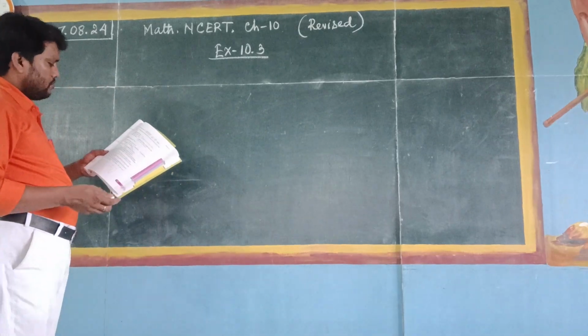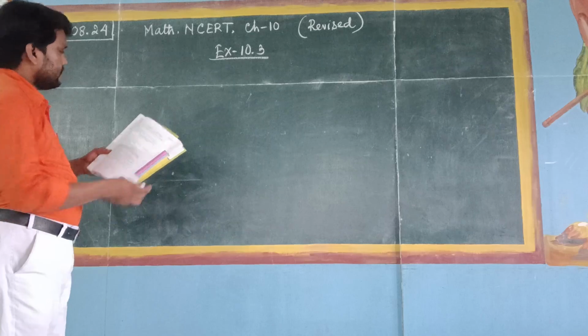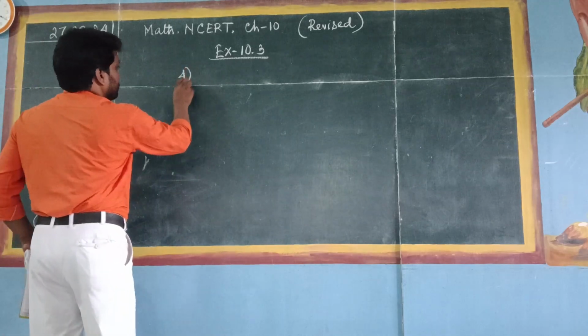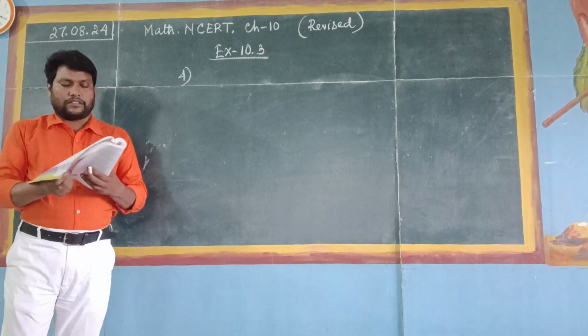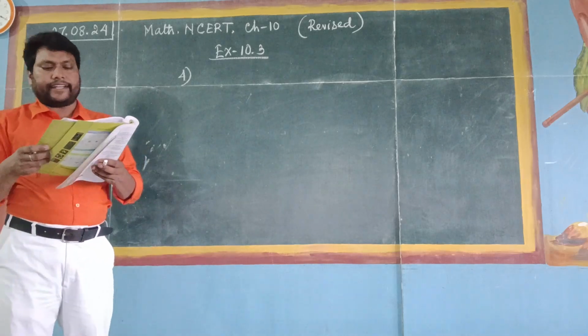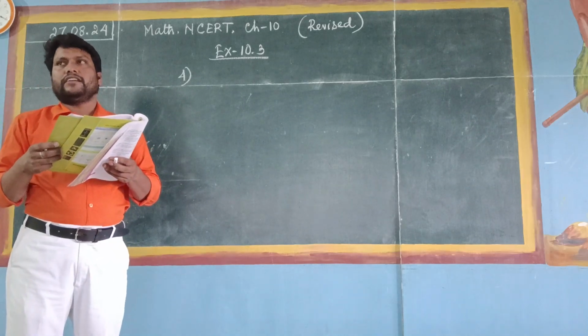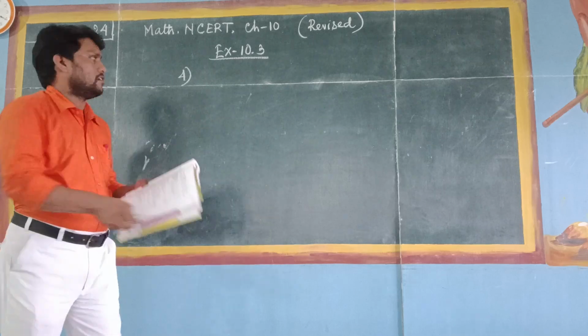Okay, suppose question number 4. The area of a rectangular garden is 50 meter long.